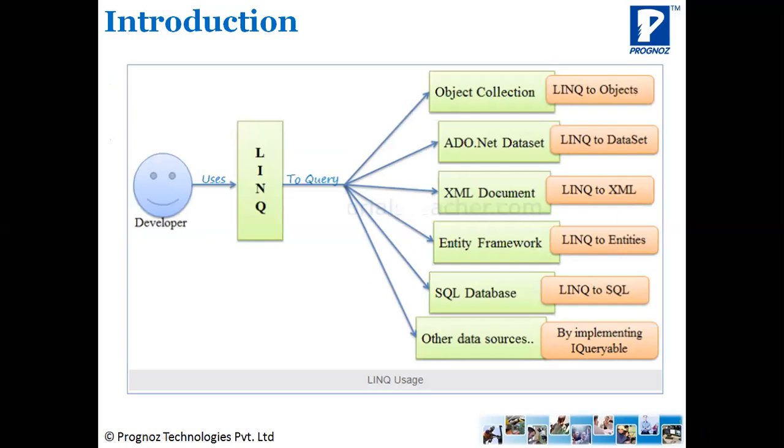Next, what are the uses of LINQ? A developer can use LINQ to query on an objects collection, which is called LINQ to Objects. We can use LINQ to query on an ADO.NET DataSet, which is LINQ to DataSet. I can use LINQ to work with an XML document, which is LINQ to XML.